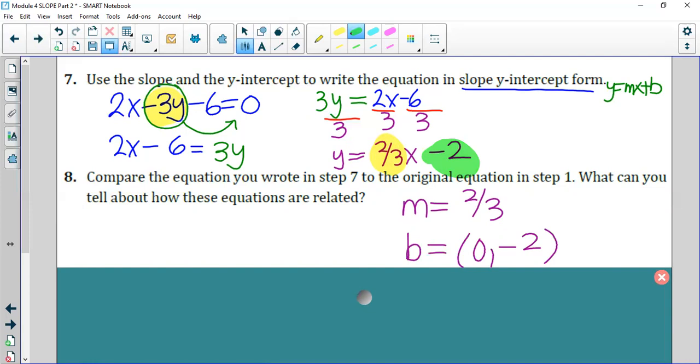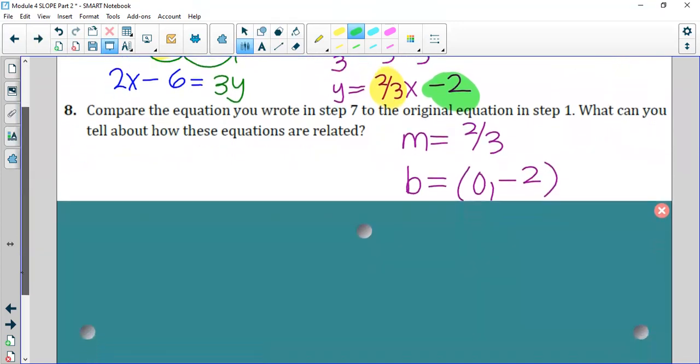Whenever you are writing an equation in y is equal to mx plus b form, slope-intercept form, I always want you to make a note to yourself: what is the slope and what is the y-intercept, just like I'm doing there, so you can be very clear and not get confused about anything.